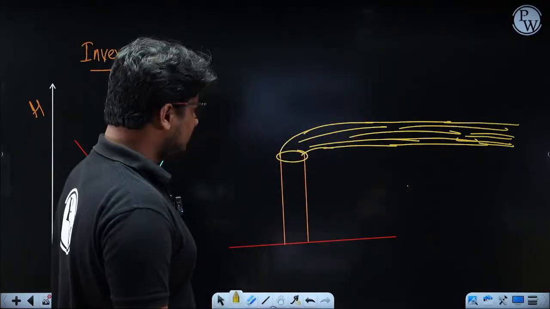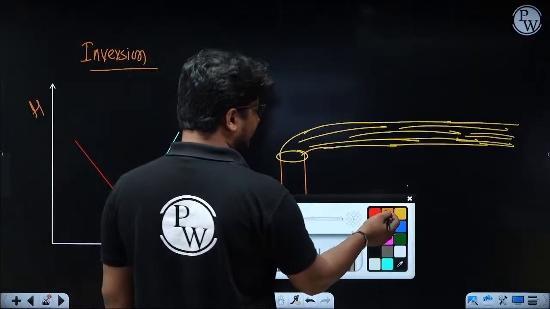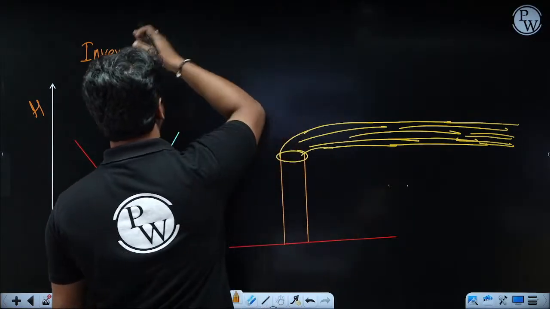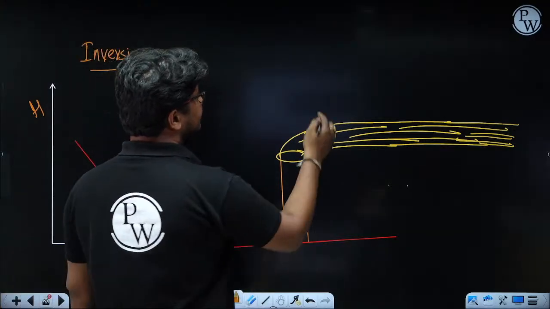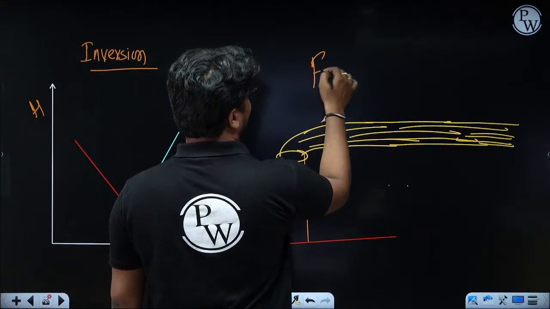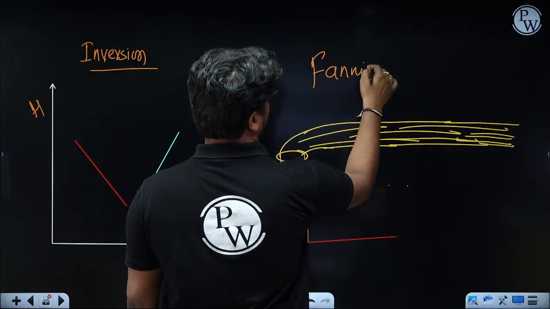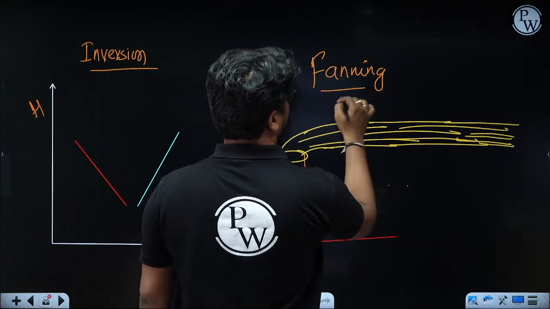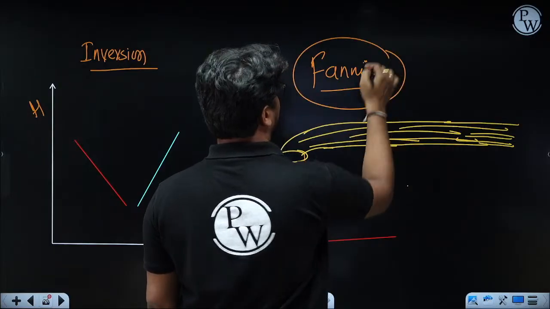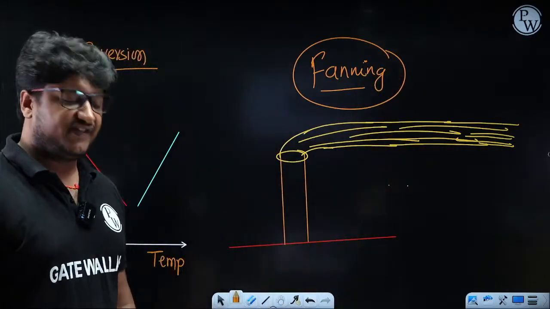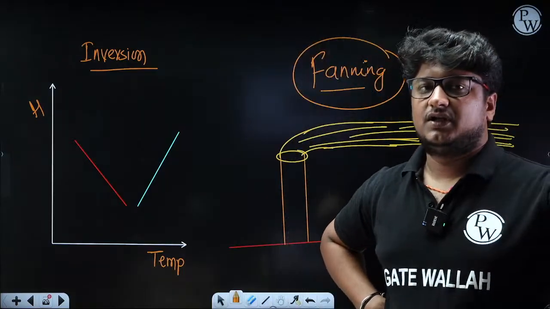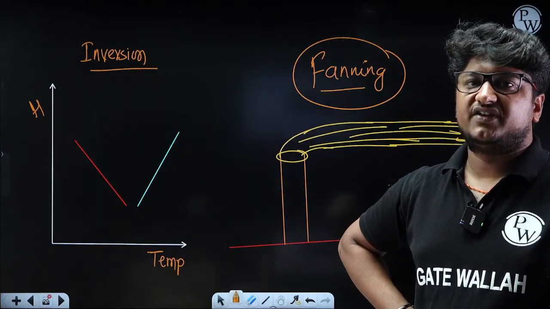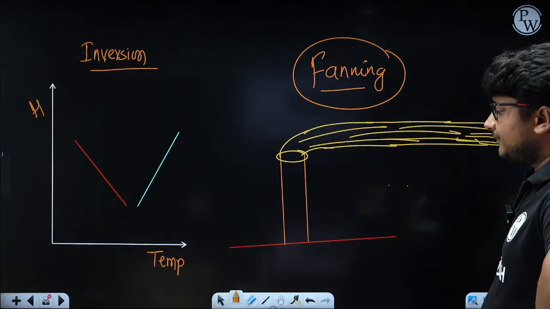So this case is actually very bad for pollutant dispersion and dilution. And this is nothing but fanning. So the name of this plume behavior we have given as fanning.